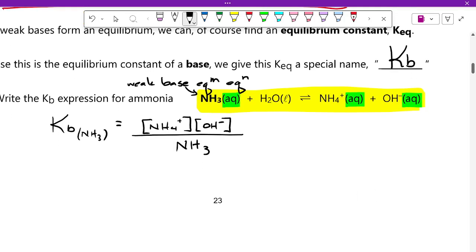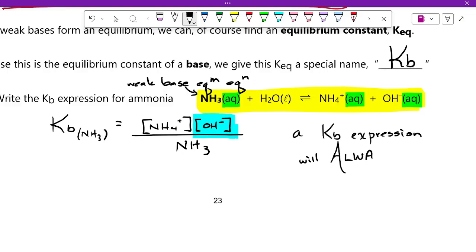Whenever you have a KB, though, it should always contain OH on the top, just like a Ka always contained H.